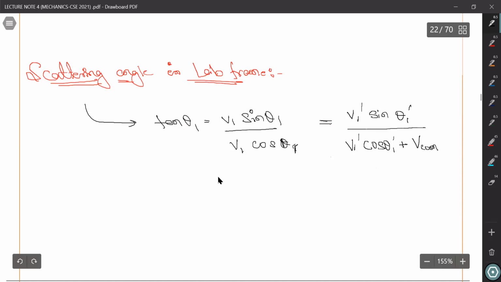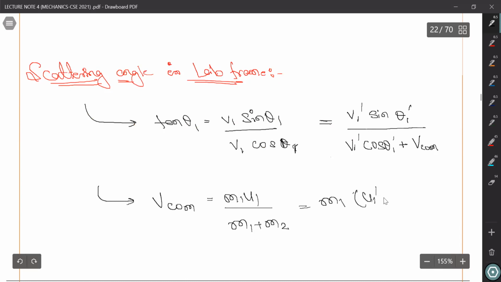Also, what else can we write for this V center of mass? So V center of mass is m1 u1 upon m1 plus m2, and that is equal to m1 u1 dash plus v upon m1 plus m2.